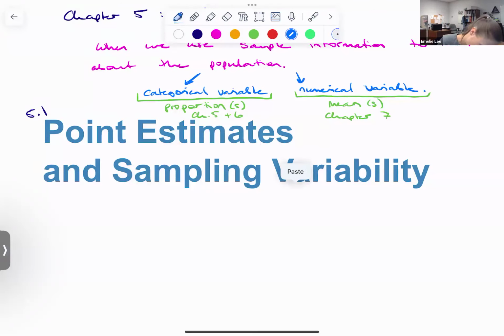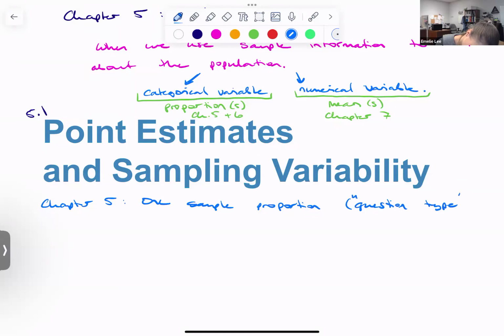So in chapter 5, we're going to be talking about one sample proportion. And this is the question type. Now I highlight that because that's going to be your main question to yourself on test 2, because we're going to be doing inference on test 2, but also on the final exam, right?